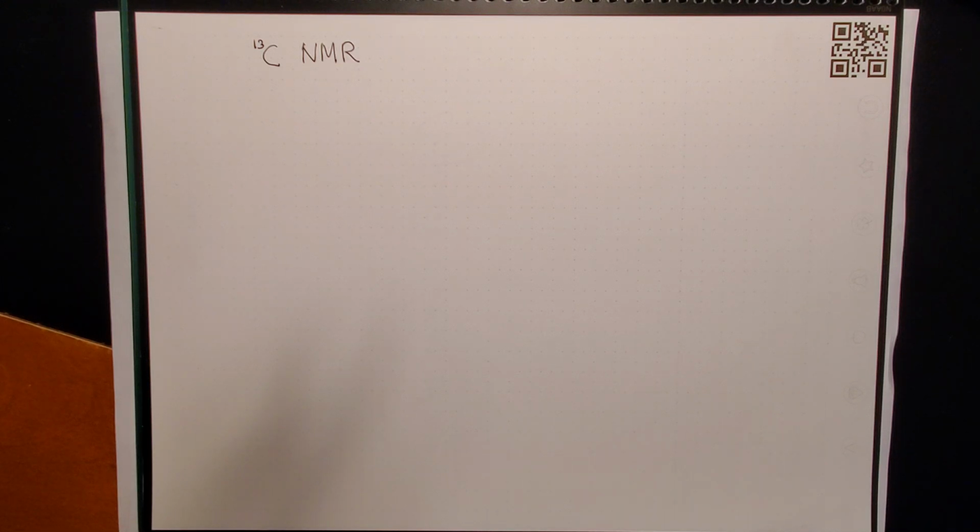About 1% of the natural abundance is carbon-13, and that has a half spin. Therefore, we can use the rare carbon-13 isotope. We can still detect the carbon backbone using the isotope 13.